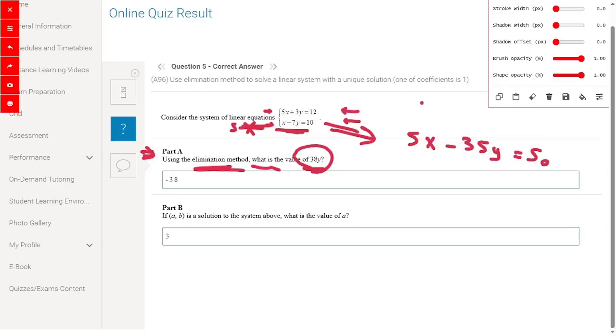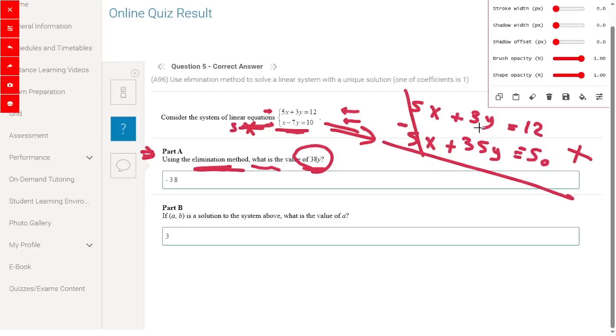And in the first equation I have 5x plus 3y equals 12. So I need to eliminate x, so I will change the sign of this equation. I'll multiply by negative, so this will be negative 5x plus 35y equals minus 50. Now if I make the addition, 5x minus 5x will be 0, and 3y plus 35y is 38y. And this is what he wants.